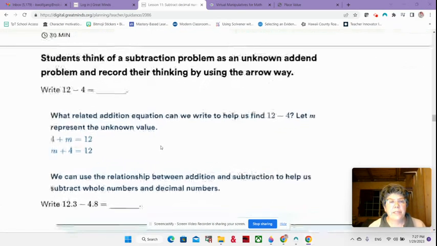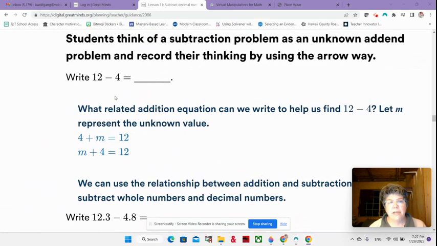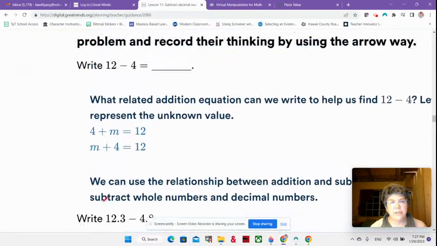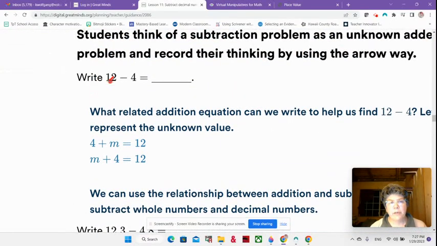So here is a subtraction, right? 12 minus 4. All right, now we're going to flip it around and we're going to change it to 4 plus an unknown equals 12. So when you're doing your flipping around, we're going to always take the first number and make it the last number.